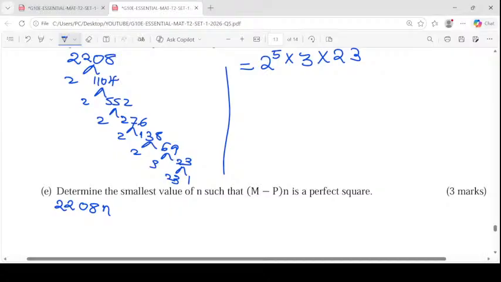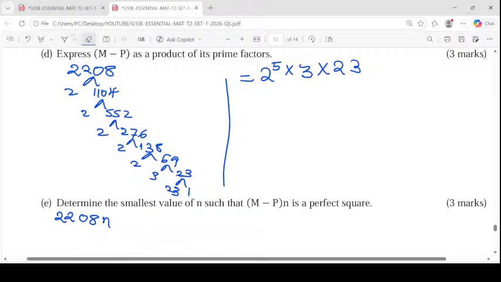So let us see what we are going to do here. First of all, when we talked about 2208, the factors of 2208, we found them as 2 power 5 multiplied by 3 power 1 multiplied by 23 to the power of 1 also.